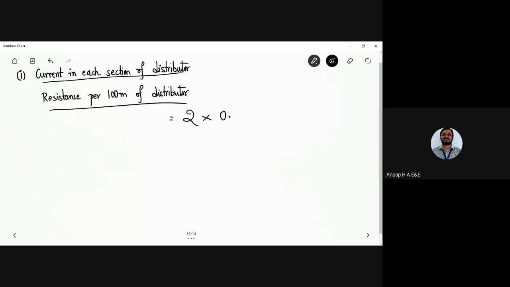So 2 into 0.03, where 0.03 is the resistance of a single conductor. If I take it as the go and return conductor, it is 0.06 ohm.